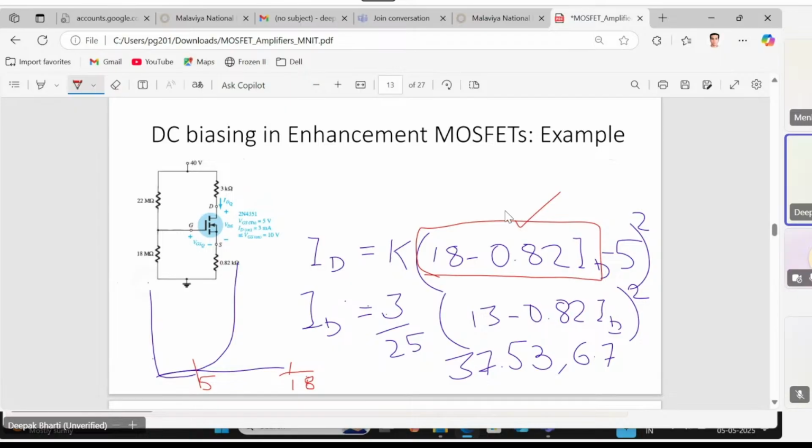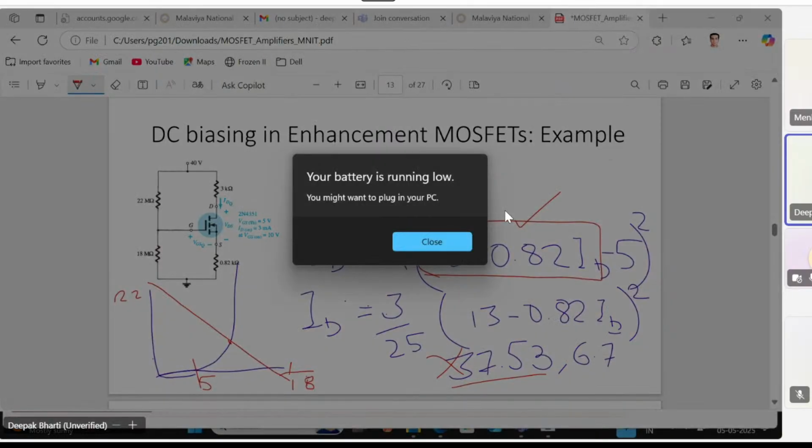So let's say this is here 22 milliampere. The load line will be something like this, so the intersection occurs here. So this is definitely not 37. This value is not possible. So the possible solution is 6.7.